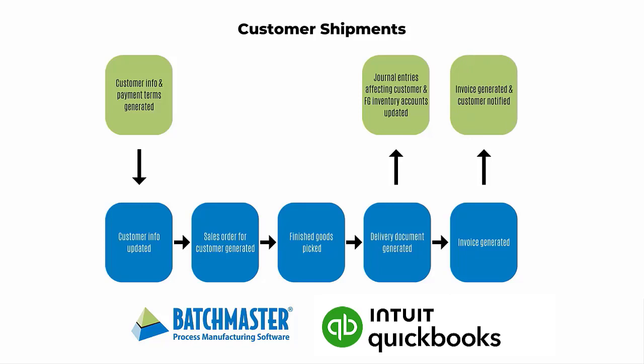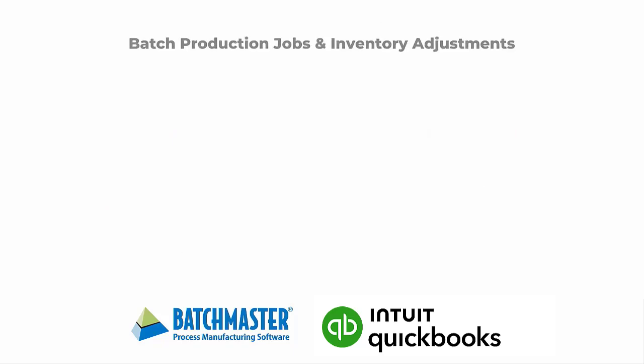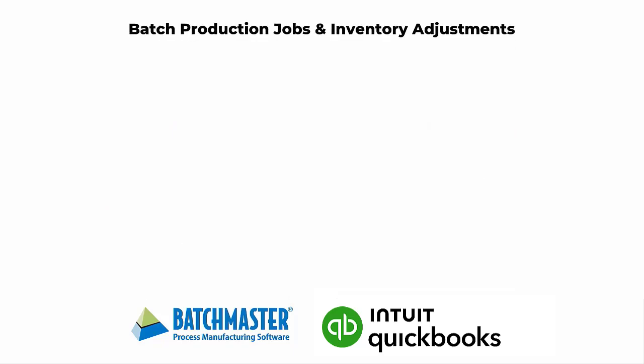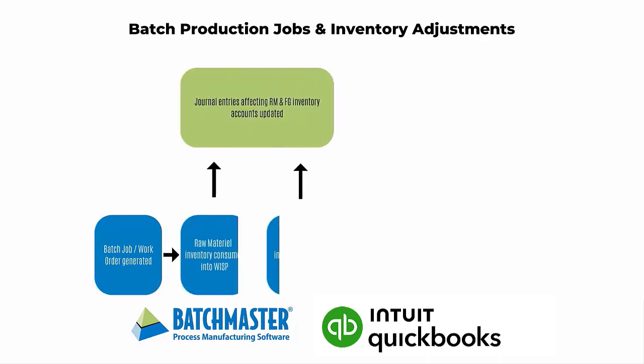Let's take a look at how the sync between QuickBooks and BatchMaster works when we're talking about batch production of jobs and inventory adjustment. First, in BatchMaster, we're going to start by creating the batch job work order that's generated. The raw material inventory consumed into the work in progress.